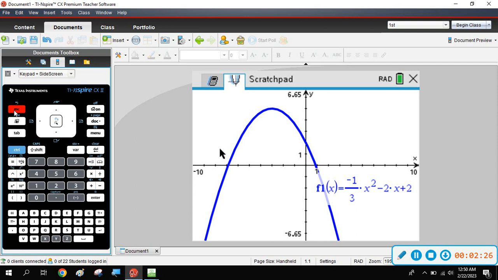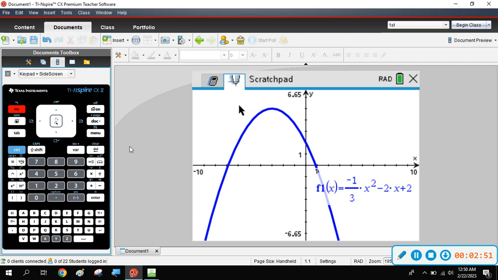In this case, my U-shape is opening downward, which would make the vertex at the top of the graph, so the vertex is a maximum. If it were flipped the other way, where the U-shape were opening upward, then the vertex would be the lowest point on the graph, and thus the vertex would be a minimum.